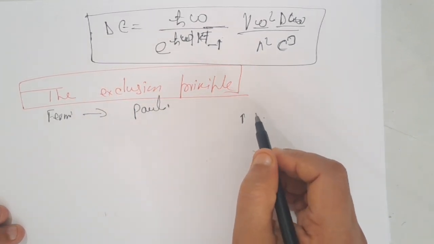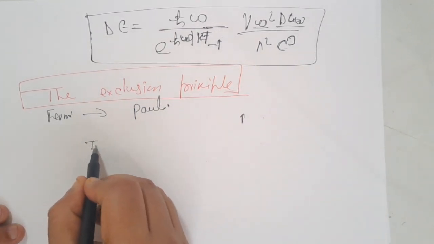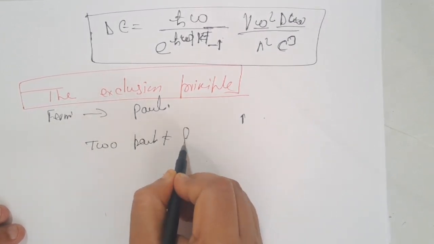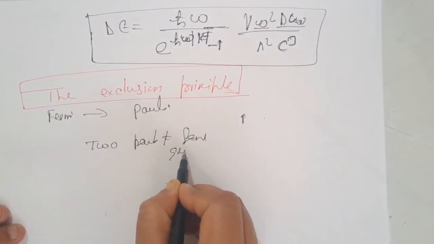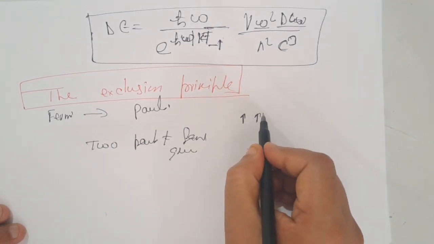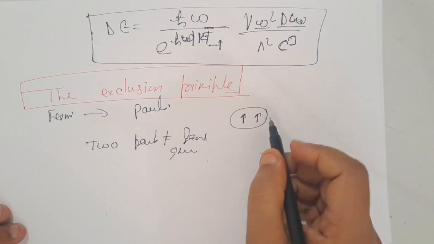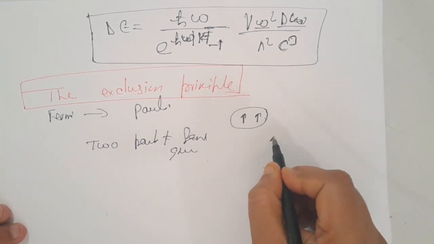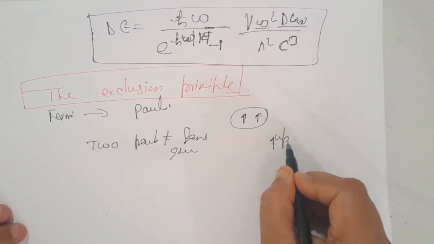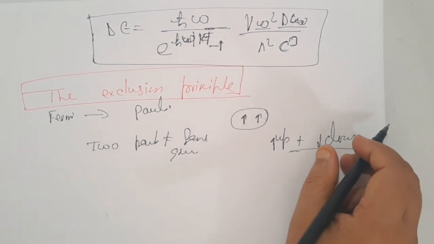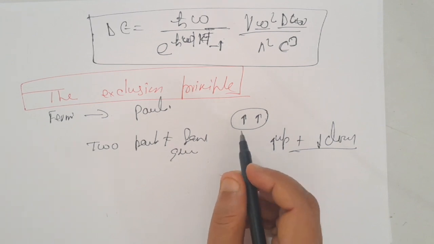Pauli's principle says that no two particles have the same quantum state. So if there are two particles which are entangled with each other, then the pair have opposite spin, either up or down. So this is Pauli's exclusion principle.